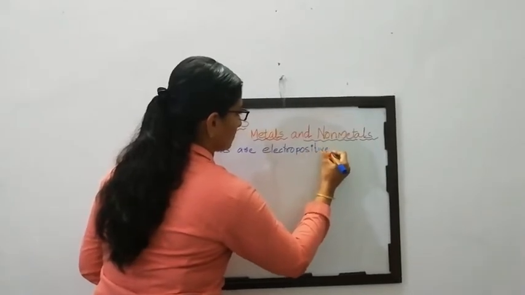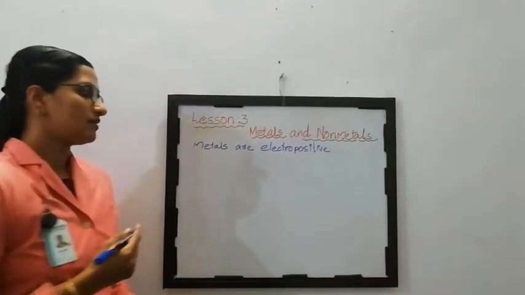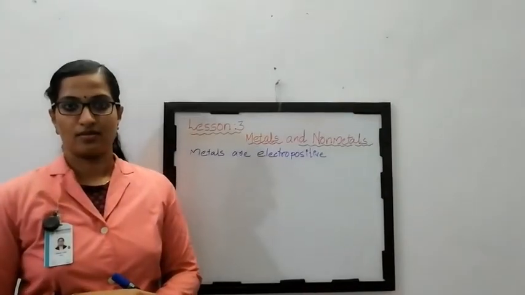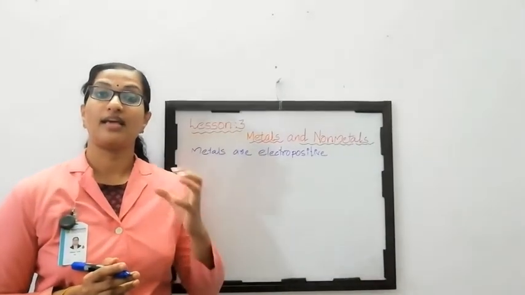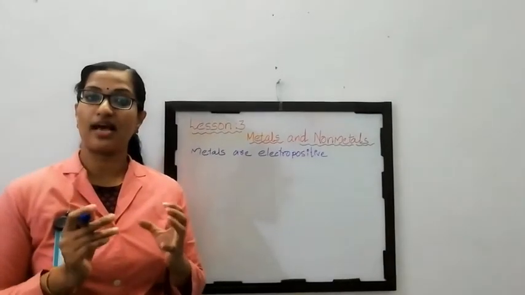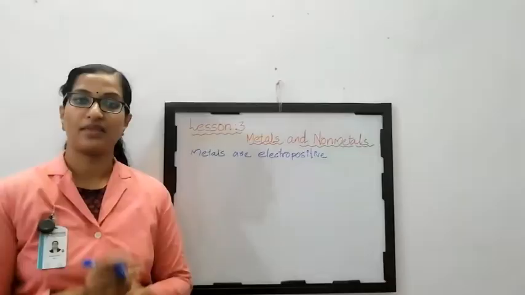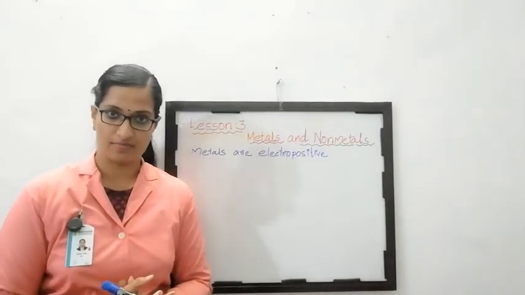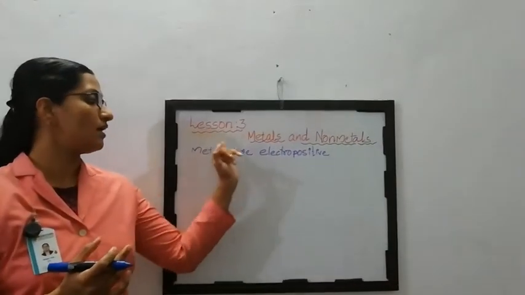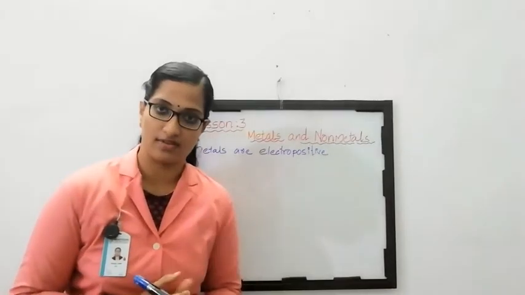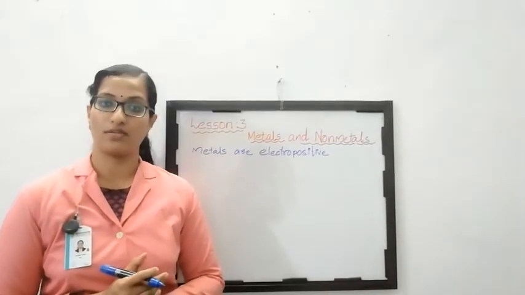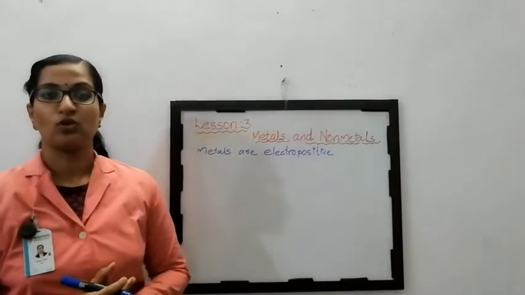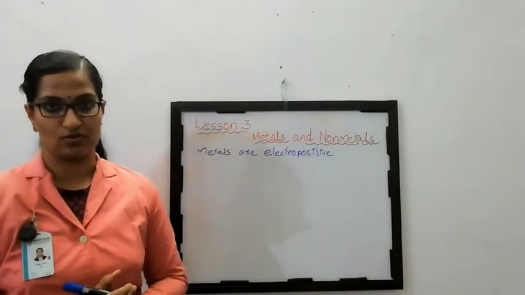Then what does electropositivity mean? Students, when we take the elements, the major classification of elements are metals, non-metals and metalloids. So here I have told you metals are electropositive. Electropositivity means the ability of an element to lose the outermost electrons.